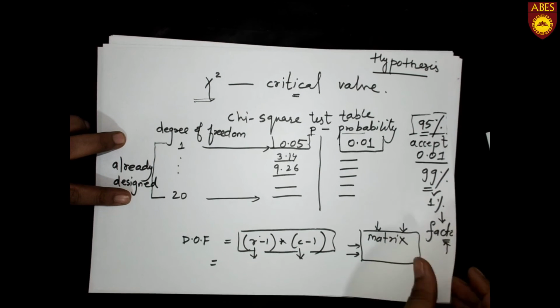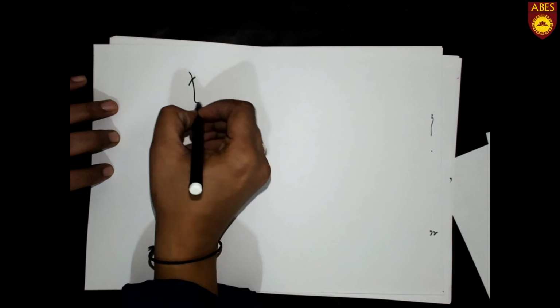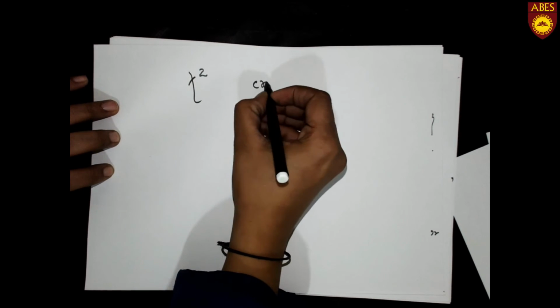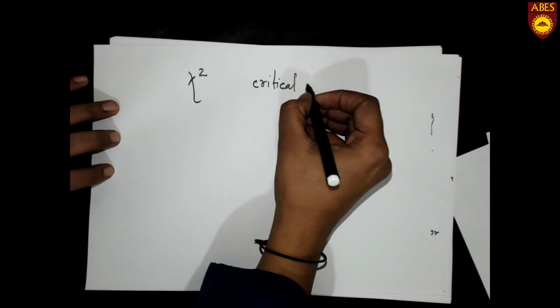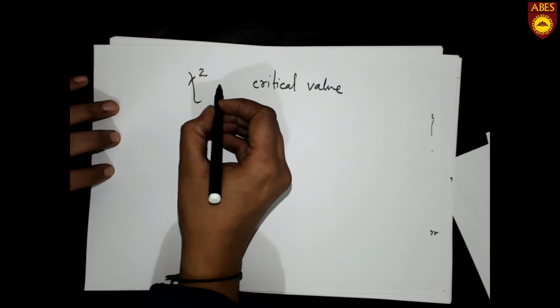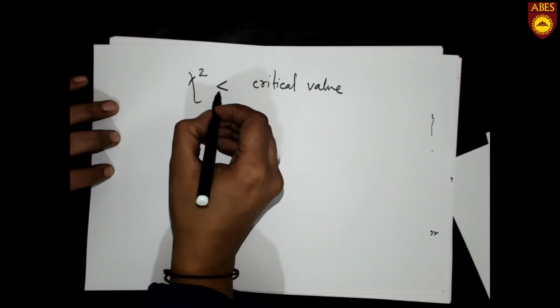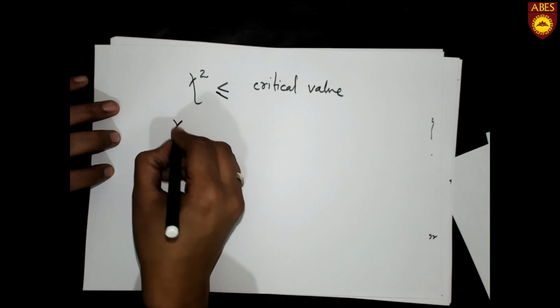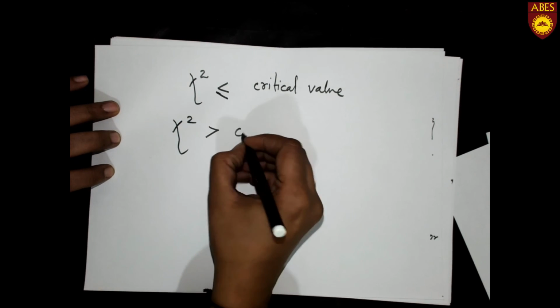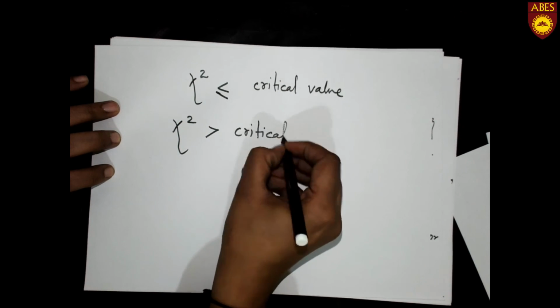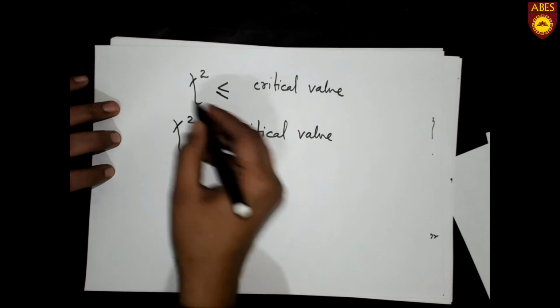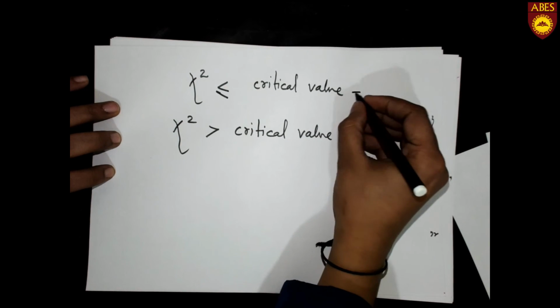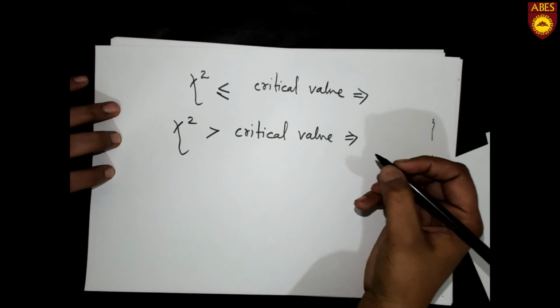So the final conclusion is, I'm comparing my chi-square value with my critical value. I can have two options: chi-square can be less than or equal to, or chi-square can be greater than the critical value. If this is the scenario, what can I conclude from these two conditions?